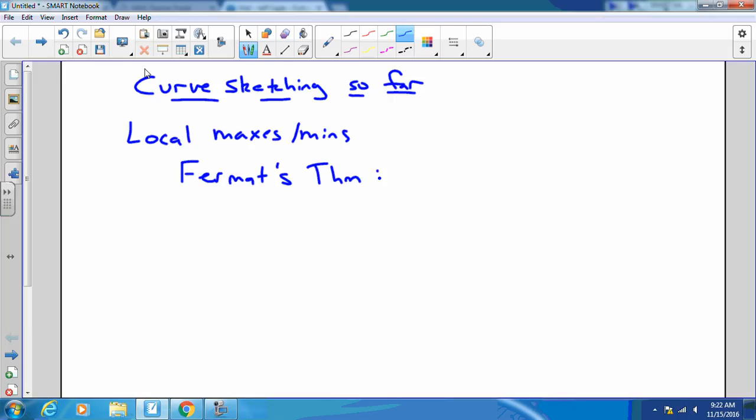If f has a local maximum at c, then f prime of c is 0. Perfect. What's our slogan for that? Good.